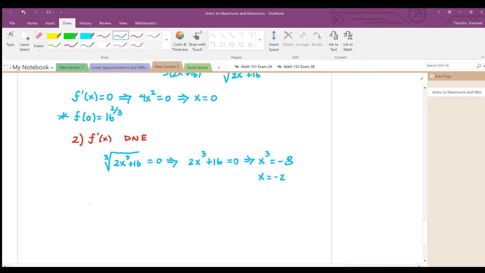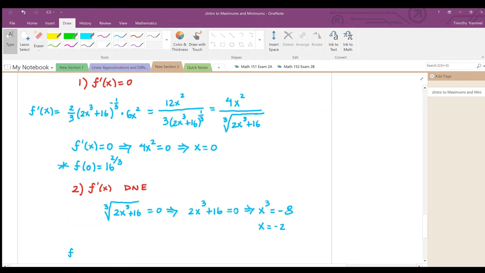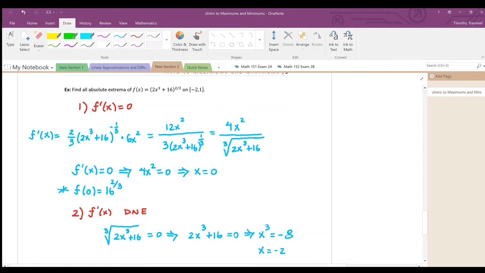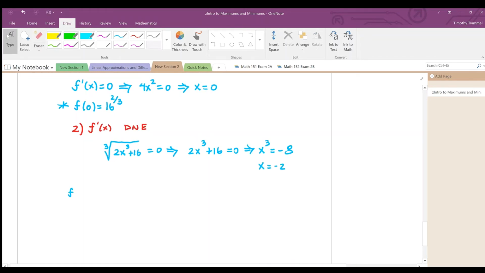And we'll also plug this into f. We want to see how large this is. Actually, we might not care. Let's see what our domain is here. By domain, I mean the interval that we're trying to find our maximum and minimum. And -2 is in that interval, so we do want to find it.